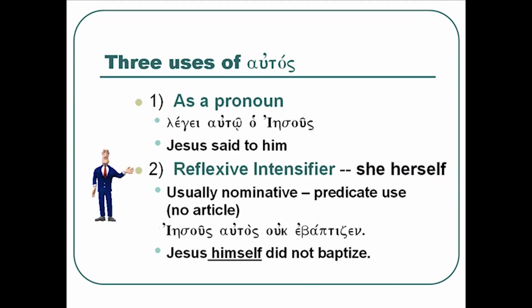A second usage that autos can be put to is the reflexive intensifier. So it would be she herself. This is usually when it's found in the nominative, and it's used in a predicate type of manner, that is without the article, but it's usually nominative, so you can tell.